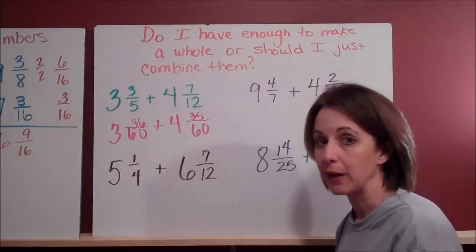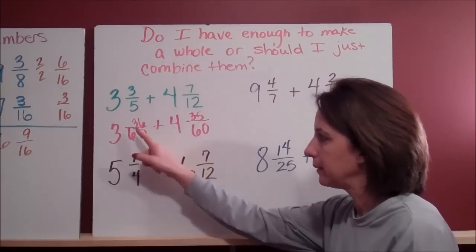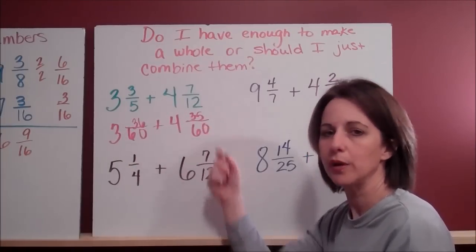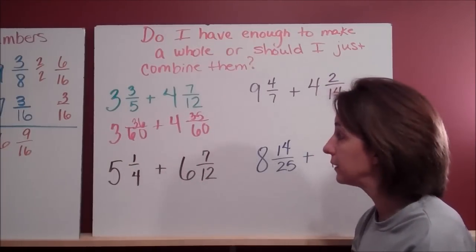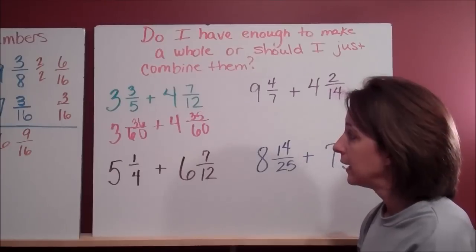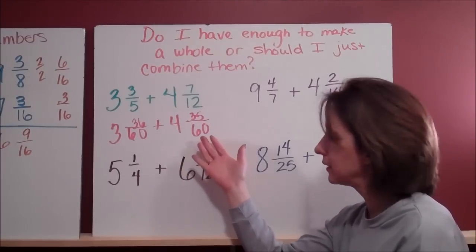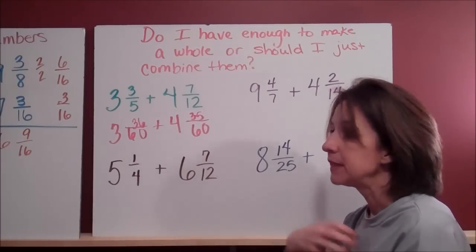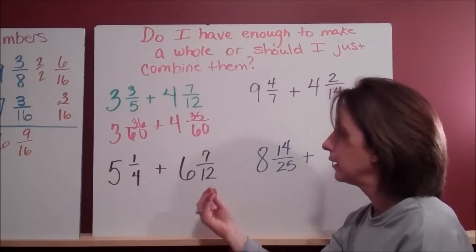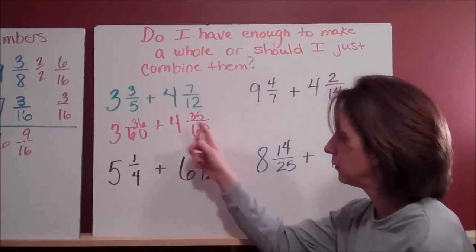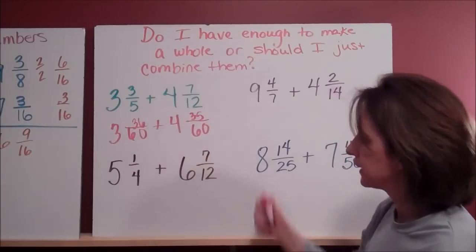Do I have enough to make a whole? Which really means, do these tops equal more than 60? And the answer is yes, they do. And in this case, I probably would just add them as they are because it's too hard to mentally figure out how many away 35 is from 60, when I can just add and get 71.